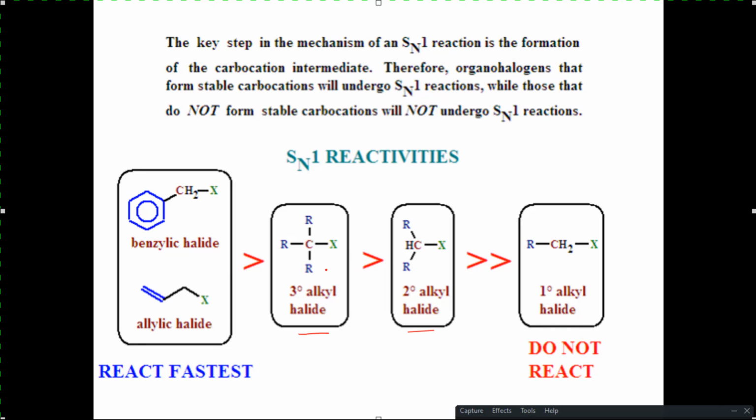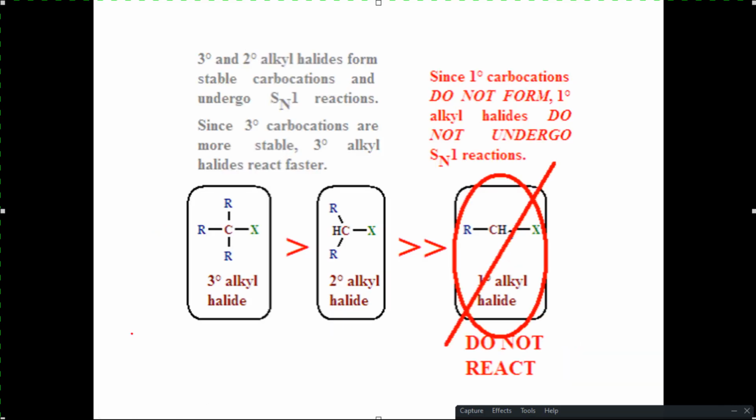Because the tertiary carbocation is more stable than secondary. So that's the big red circle through it for primary halides. They do not react in SN1 because they don't form stable carbocations.